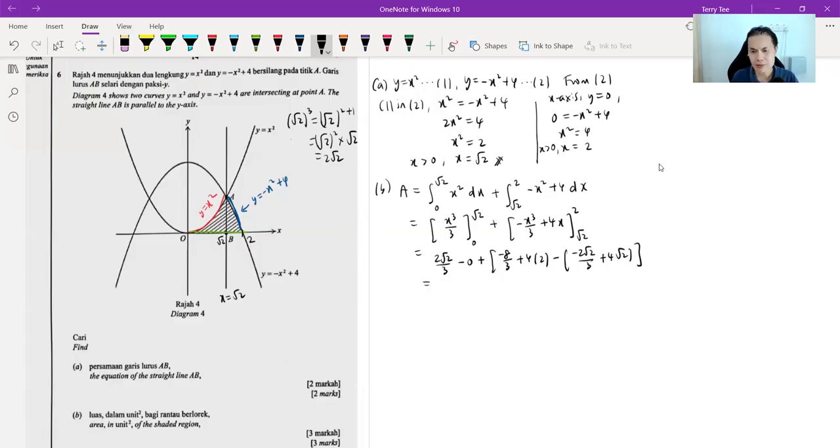There's too many things to simplify, so let us just do one by one. 8 times 3 is 24, 24 minus 8 is 16, so this is 16 over 3. Then 4 times 3 is 12, 12 minus 2 is 10.